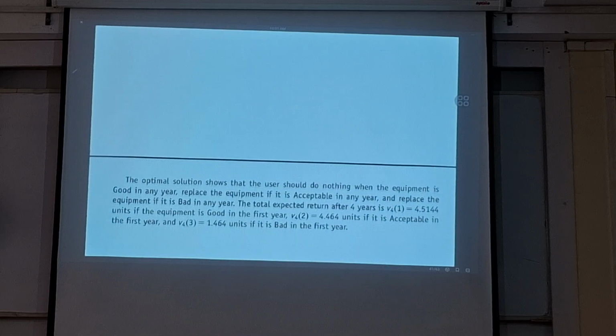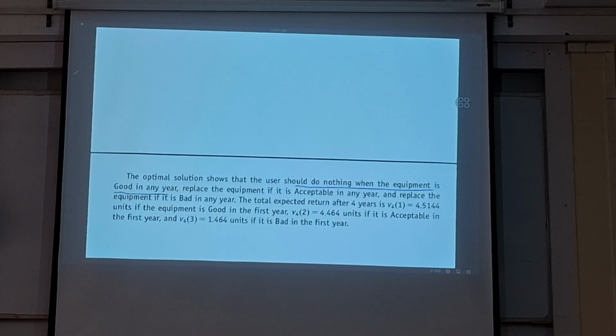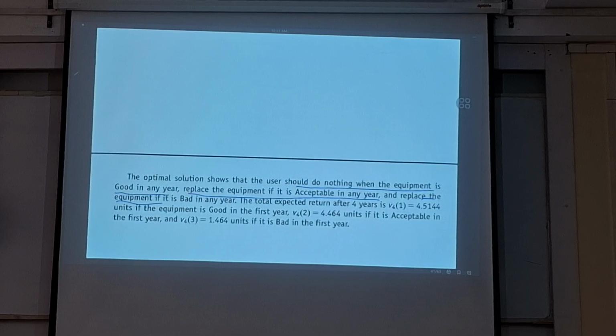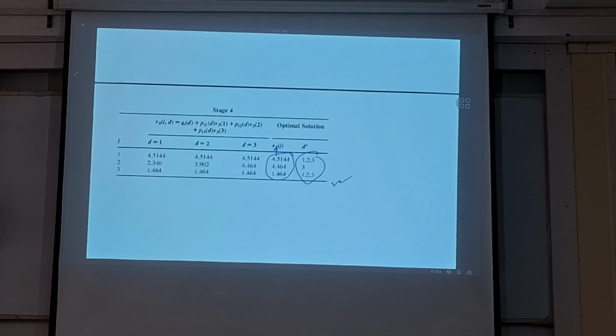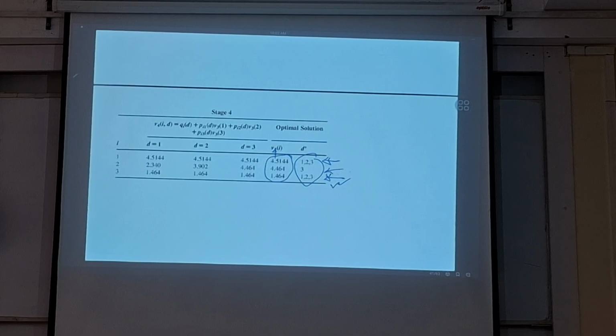So from here we can see that the optimal solution shows that the user should do nothing when the equipment is in a good state, replace the equipment if it is in an acceptable state, and replace in the dead condition. So do nothing, replace and replace.